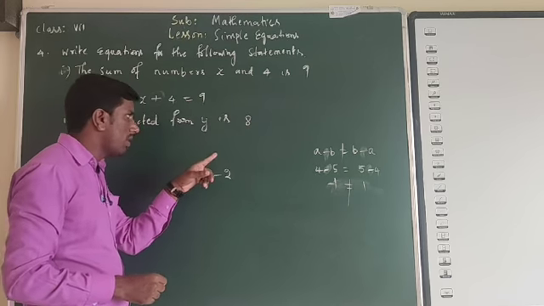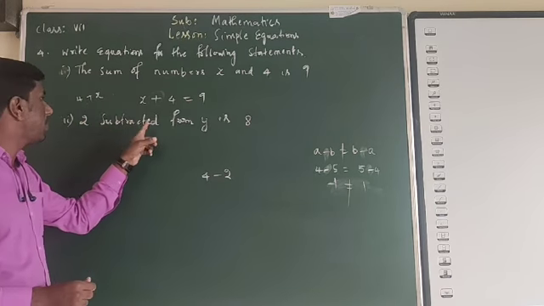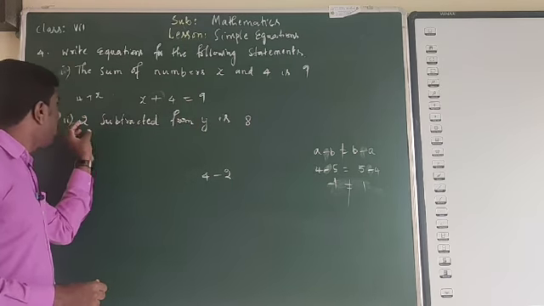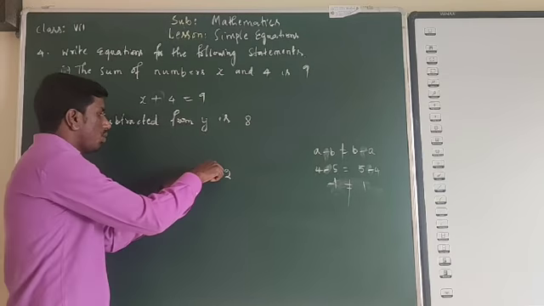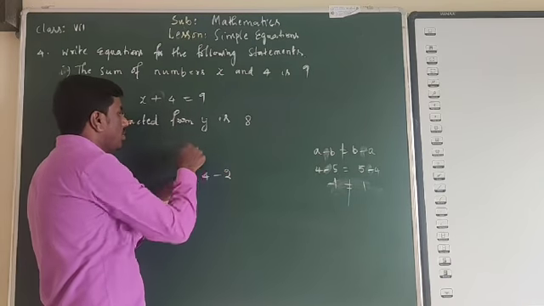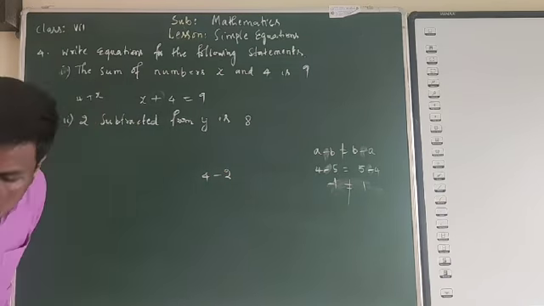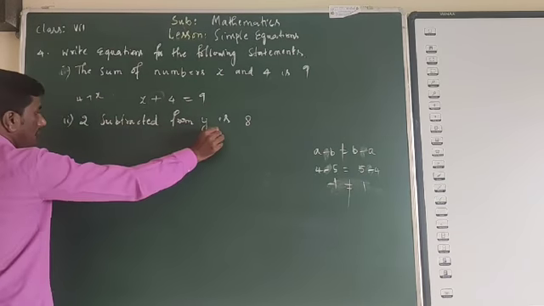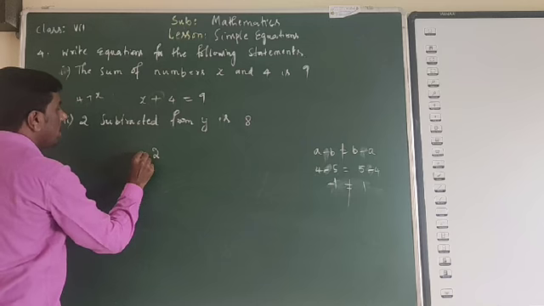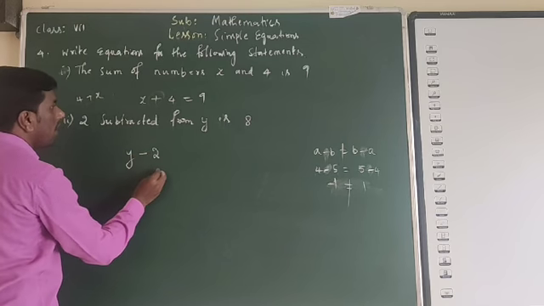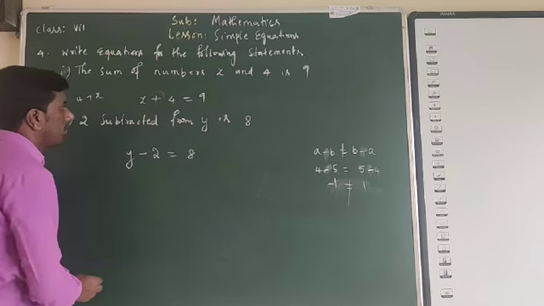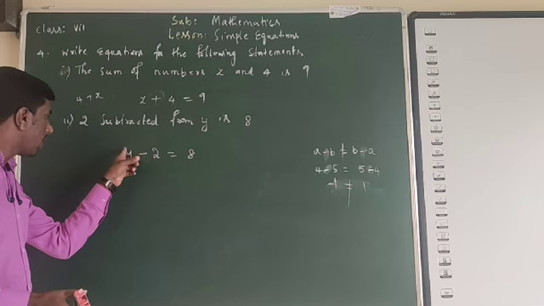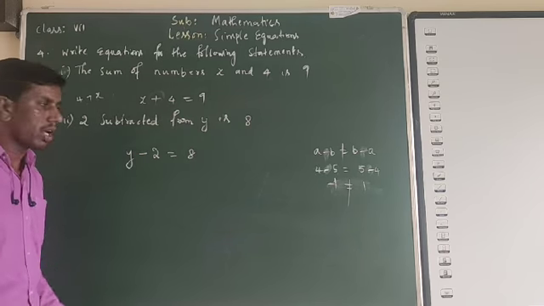You need to remember that, and read the question properly. 2 subtracted from y: y should be written first and 2 at last. So 2 subtracted from y is 8: y minus 2 is equal to 8.